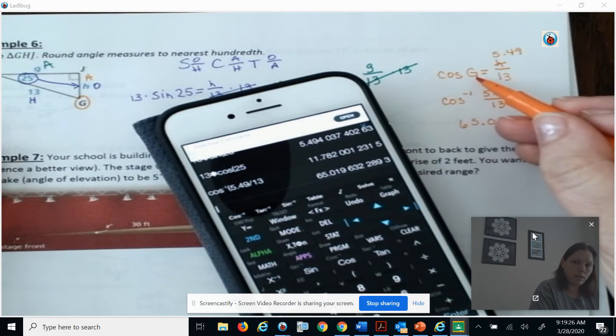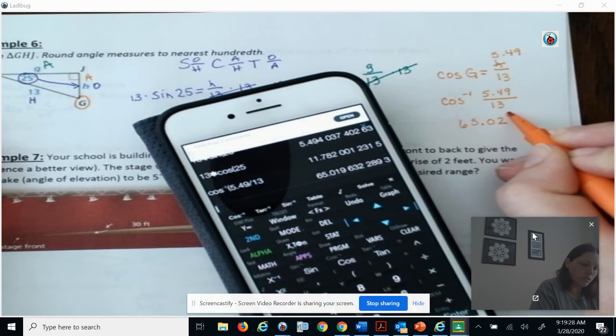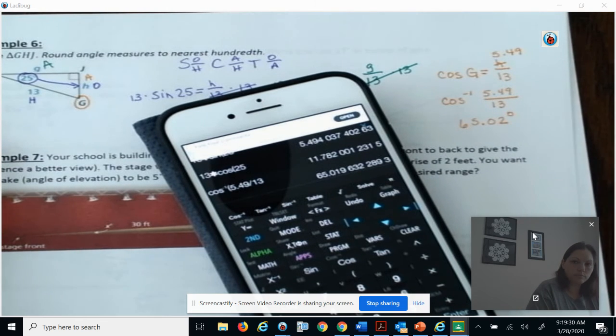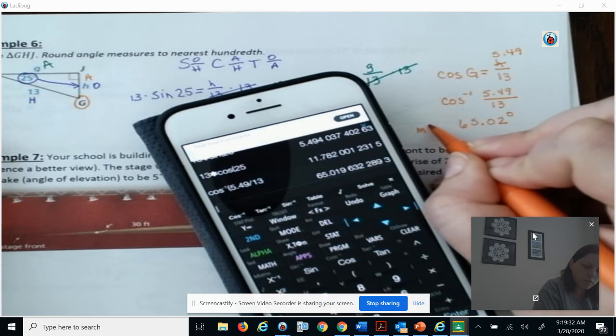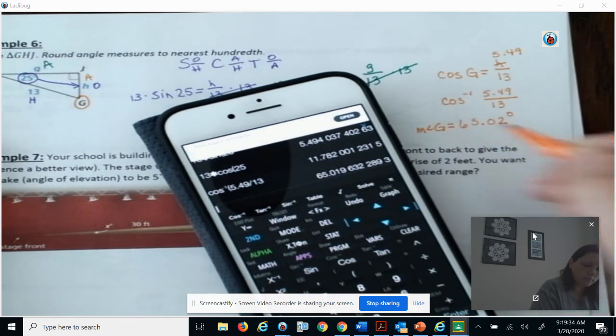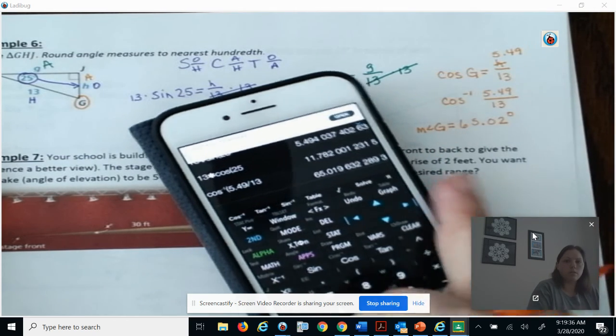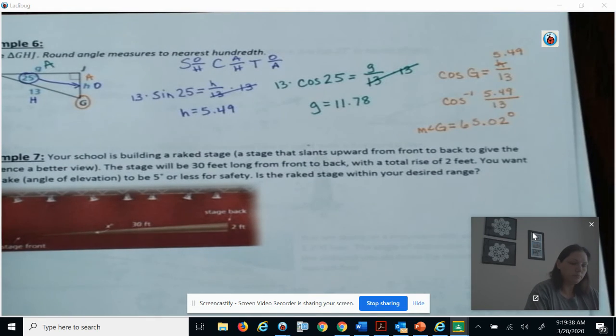And that one is an angle, so we're going to put a degree mark on it. Measure of angle G. There we go. We solved for the rest of our triangle.